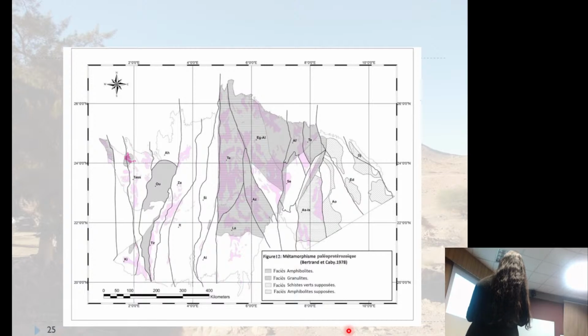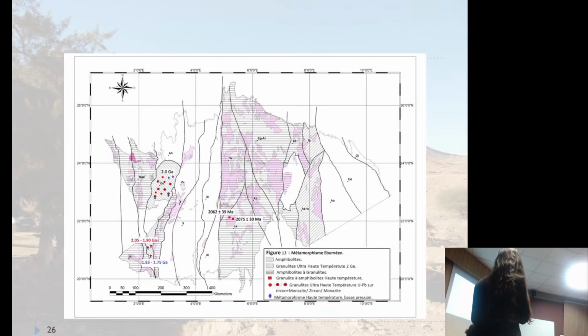And here is the greenschist facies supposed, and you have amphibolite facies supposed again. So all these are just suppositions. I'm emphasizing this just to show that there's still a lot to do, and that's why the geodynamic model that we have today changes from one author to another. It all depends on how they see the geodynamics of this place.